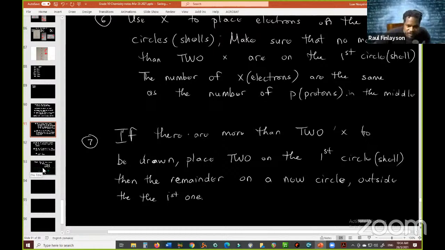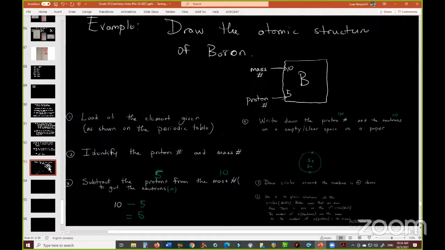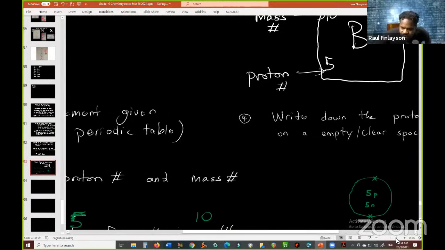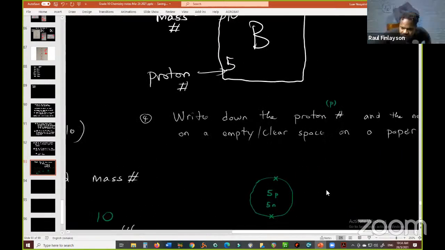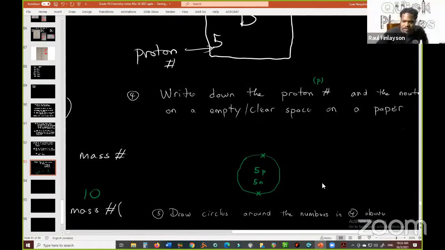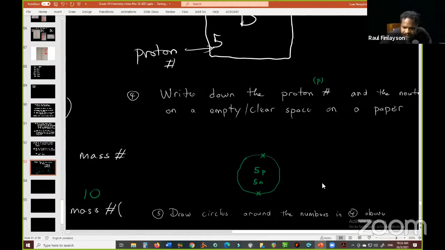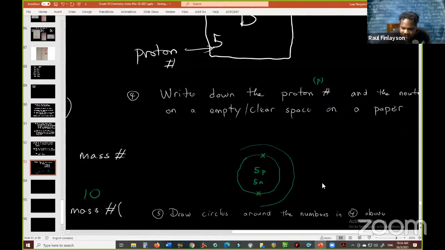So in other words, if we have 2 on the first one and there's more to be added so that the number equals the P here, then we need another shell, drawn outside the first circle.